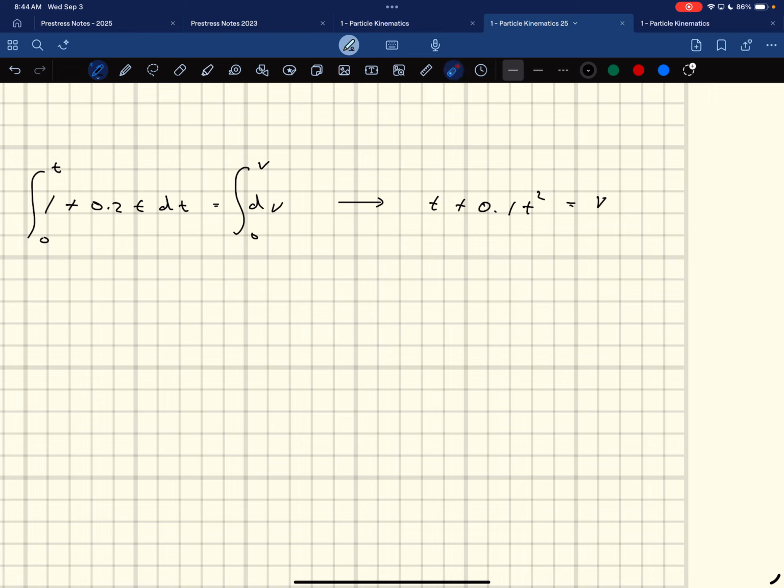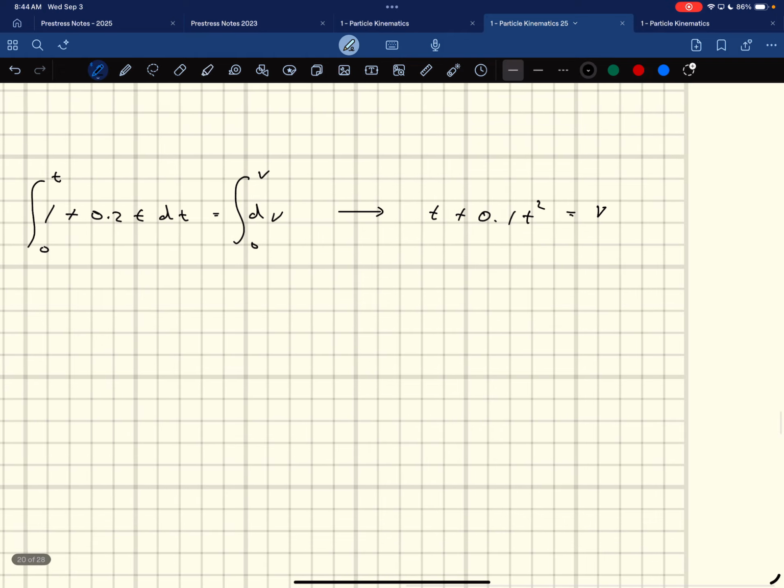On the other side, that's just v minus 0, so we just have v. So there's my velocity as a function of time. You just carry out the integral on one side, then on the other side, and then solve for what you're after. I'm solving for v right here, and when I carry that out, this right here is the velocity as a function of time.